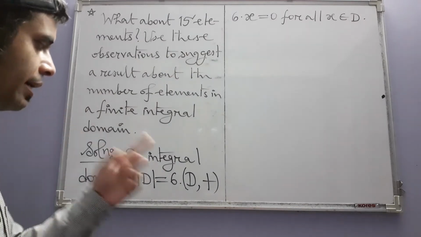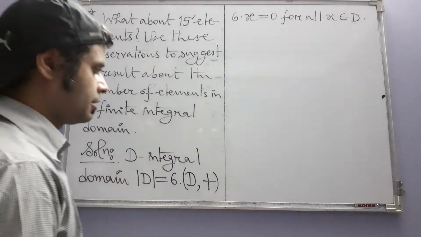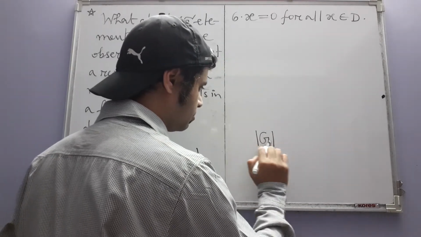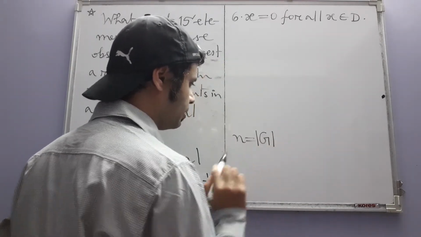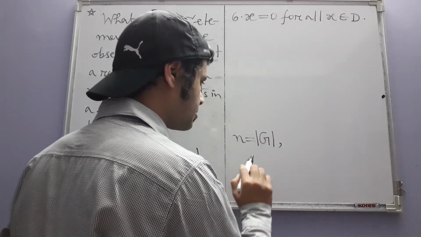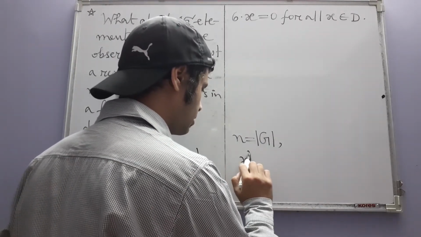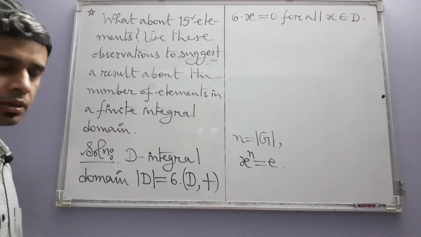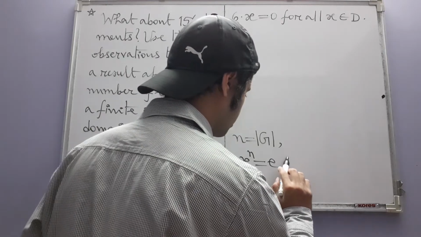It is that corollary which tells us that if you have a finite group G whose order is n, then for any element x in G, the nth power of x is equal to the identity element in the group.